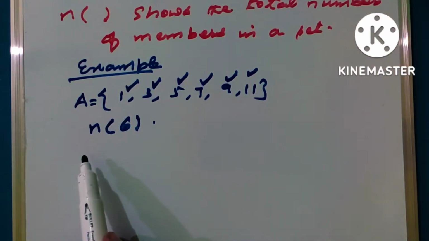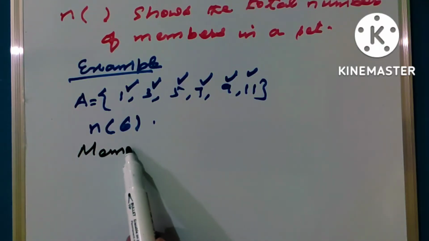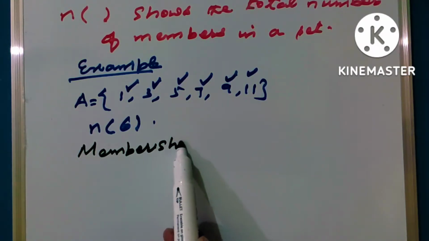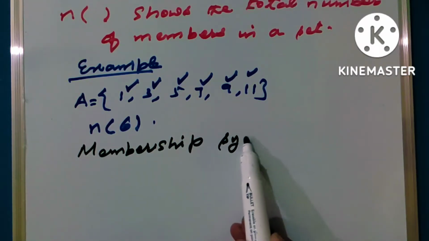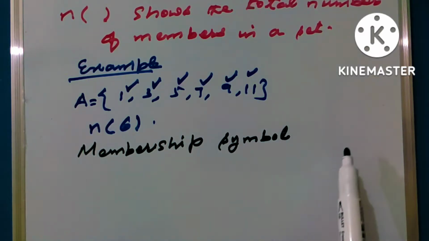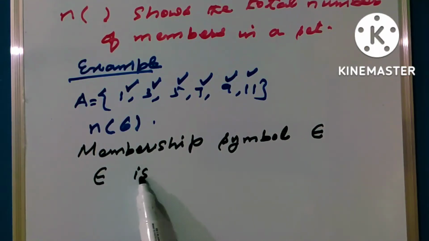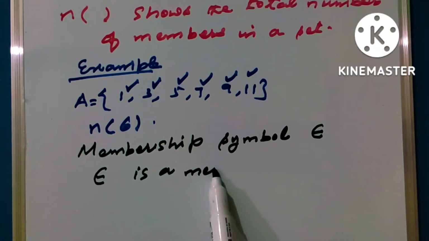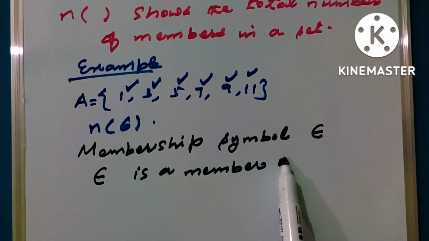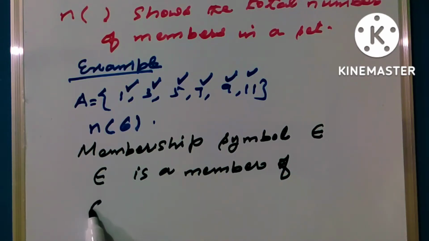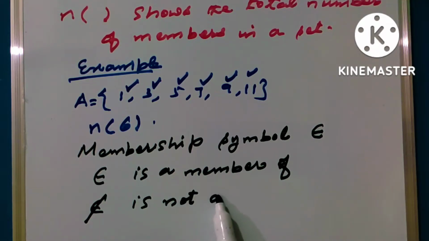Now there is another symbol that is used in sets, that is the membership symbol. This is also called belongs to. So we can say that it is a member of. And this symbol is not a member of.